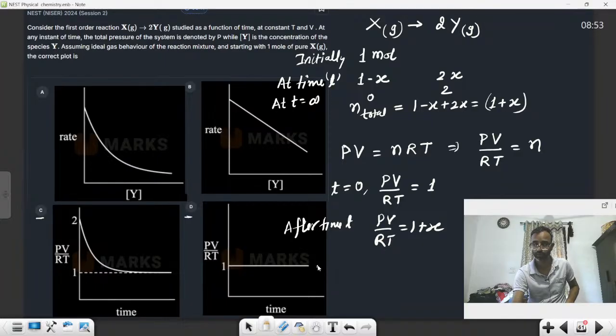That means at t infinity, after completion of the reaction, PV upon RT becomes equal to 2.